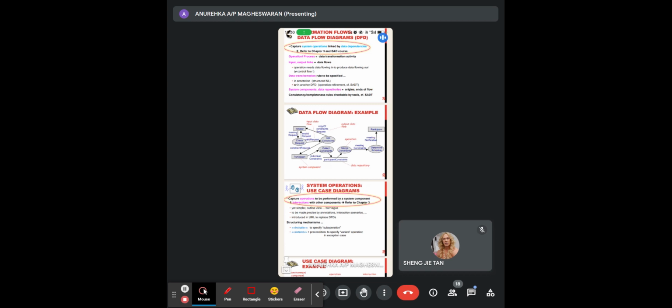Then you show how each component communicates with each other. Basically, we show every single main process of the system and how they communicate with each other. That's the interaction model. Okay, then the next one.